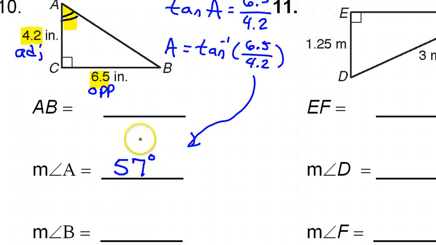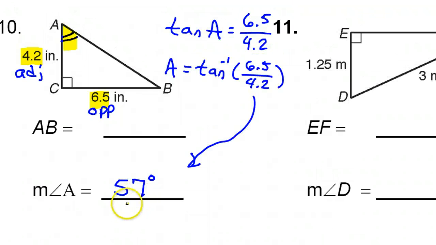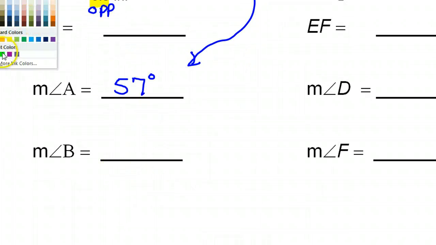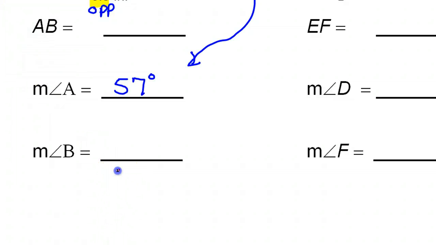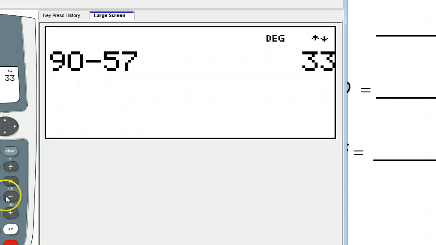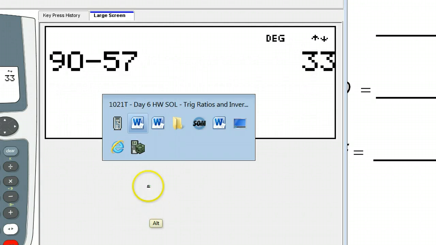Okay, so that's angle A. If I want to find angle B, the easiest thing to do is just to subtract from 90. So if I simply do 90 minus 57 degrees, that should give me the other angle. So that is 33.